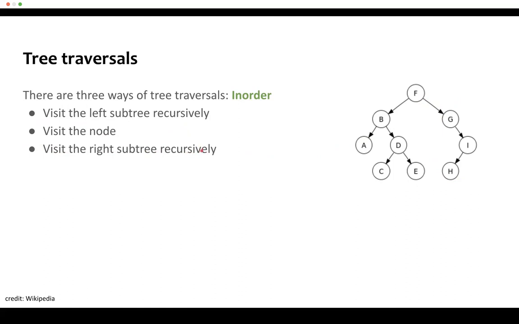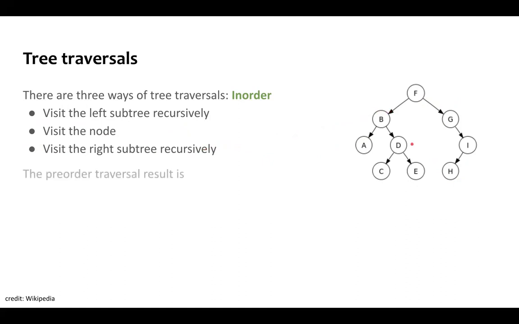So can you guys guess what will be the result of the in-order traversal? The in-order traversal result is A, B, C, D, E, F, G, H, I. So how is it A, B, C, D, E, F, G, H, I?